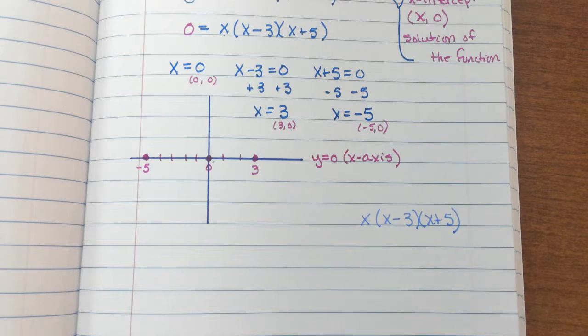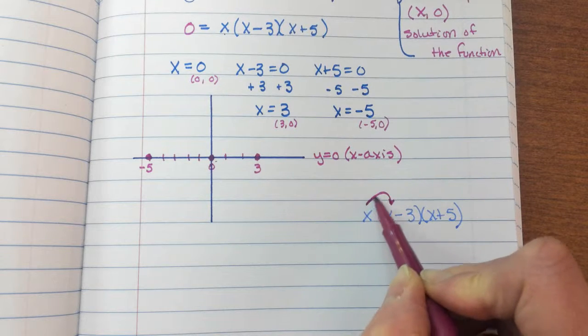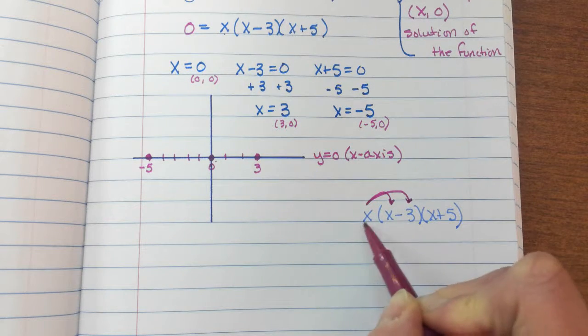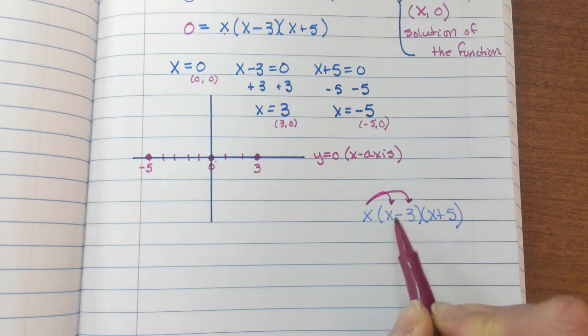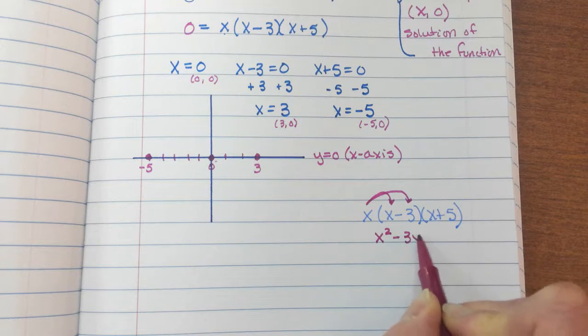I'm going to multiply it out to show you. Notice if I distribute that x into my first factor, I get x squared minus 3x.